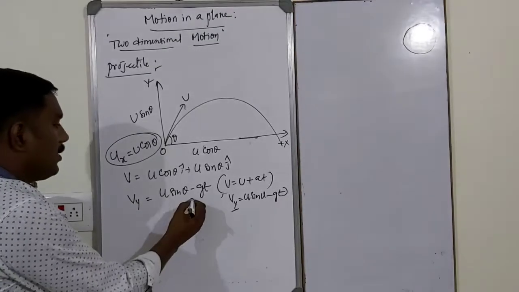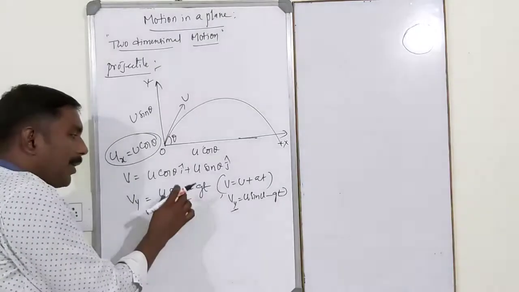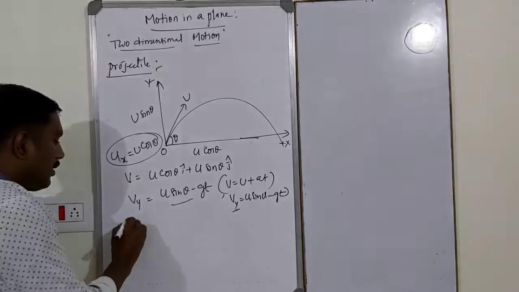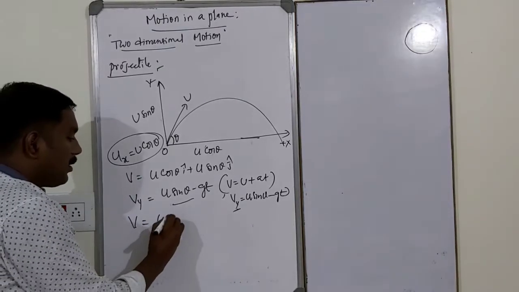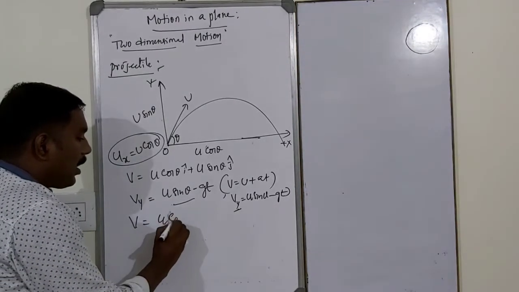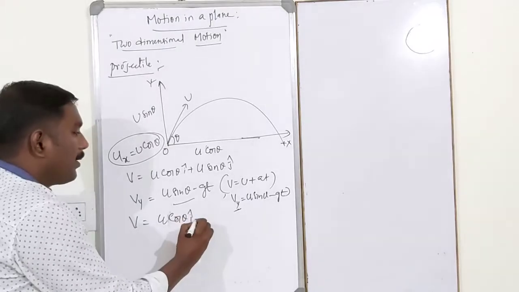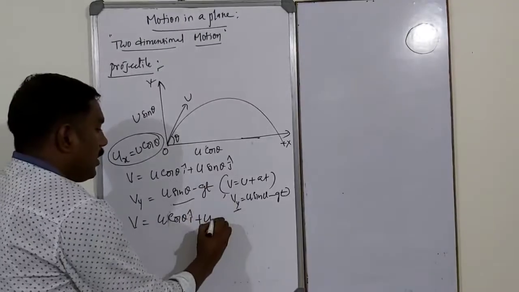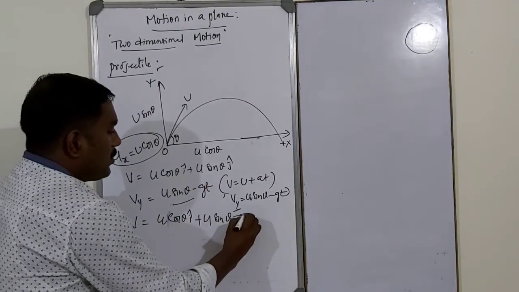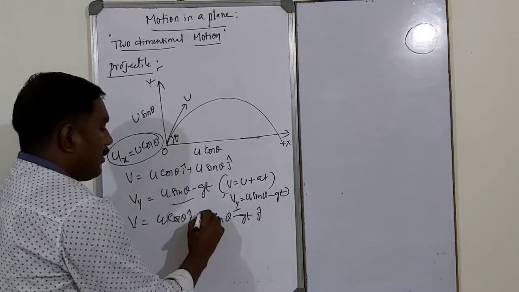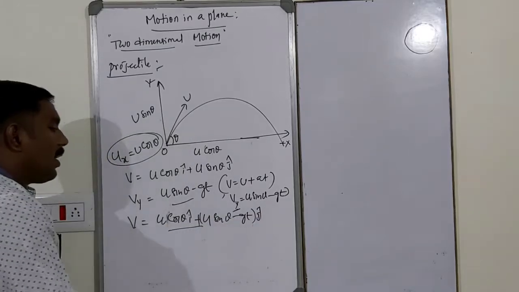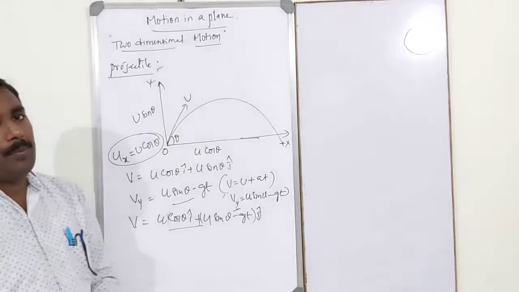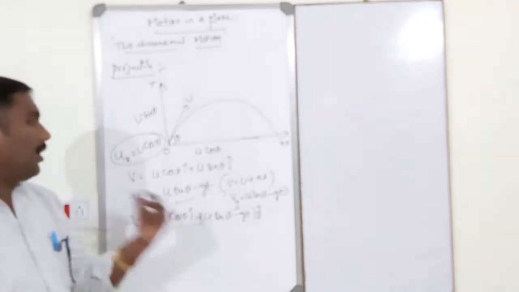Only the vertical component changes. So the final velocity is u cos theta i cap plus u sin theta minus gt j cap. This is the velocity of the projectile.